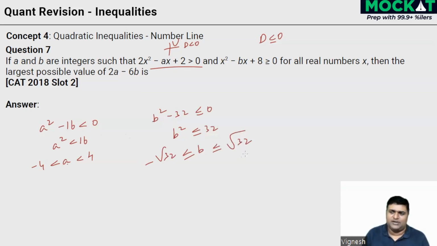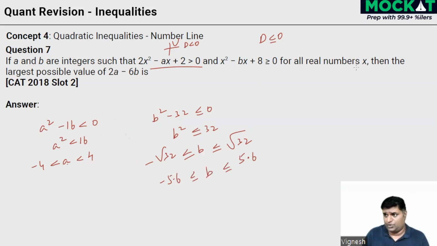Now, what is this root 32? It's going to be a 5 point something, right? It's between root 25 and root 36, so the output is going to be between 5 and 6. Put some value, 5.6 and minus 5.6, just to make your life a little easy.